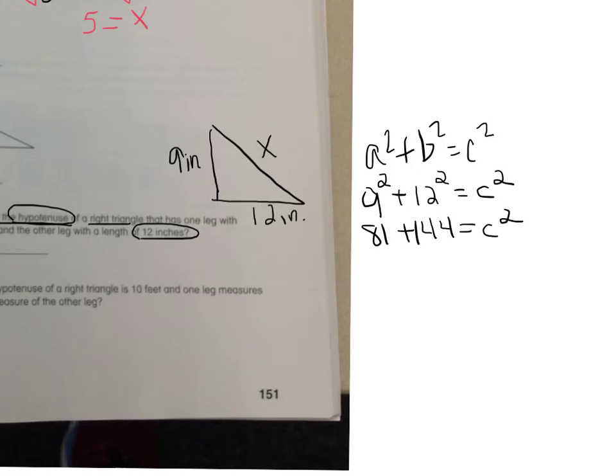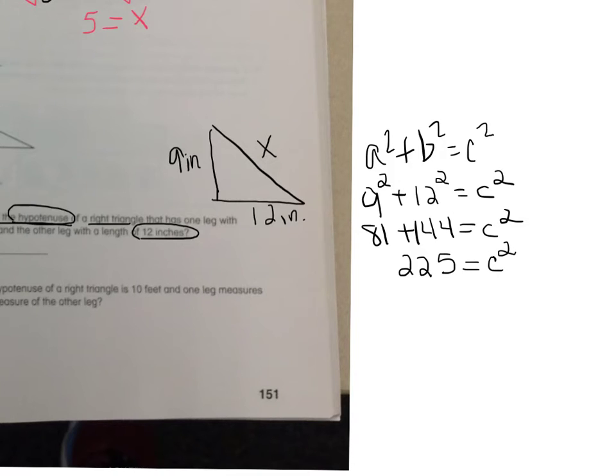Now again, you've got to use your calculator. 144 plus 81 is 225 equals c squared.